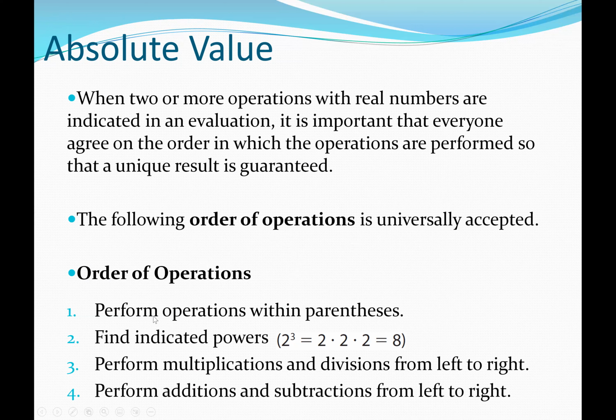Always we perform parentheses first. Then after parentheses, we perform exponents. After exponents, we perform multiplication and division from left to right. Then the last will be addition and subtraction from left to right.